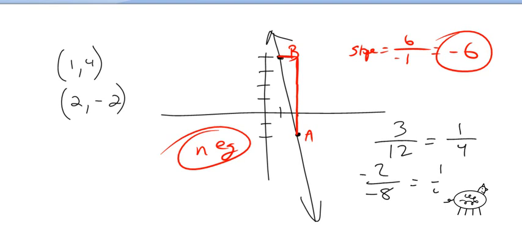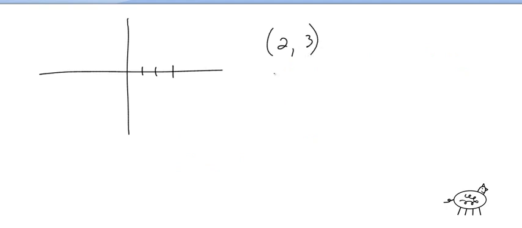Okay, and just recognizing it, I know we did one of these already, but if you're given, let's say 2 comma 3 and 2 comma negative 1, I mean, right away, man, you could see that this is undefined.